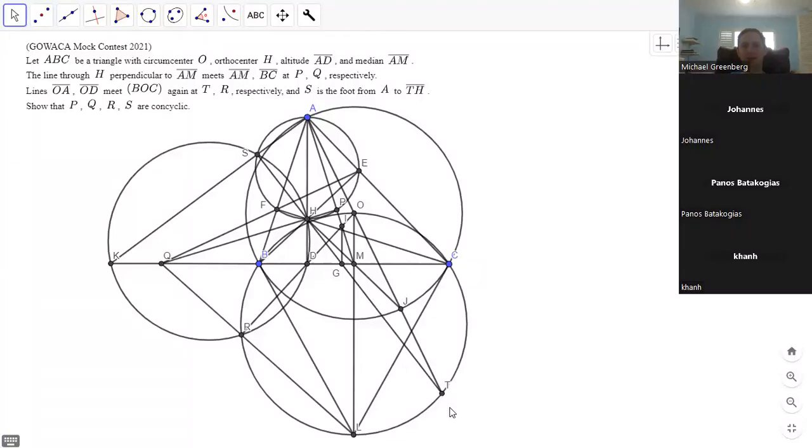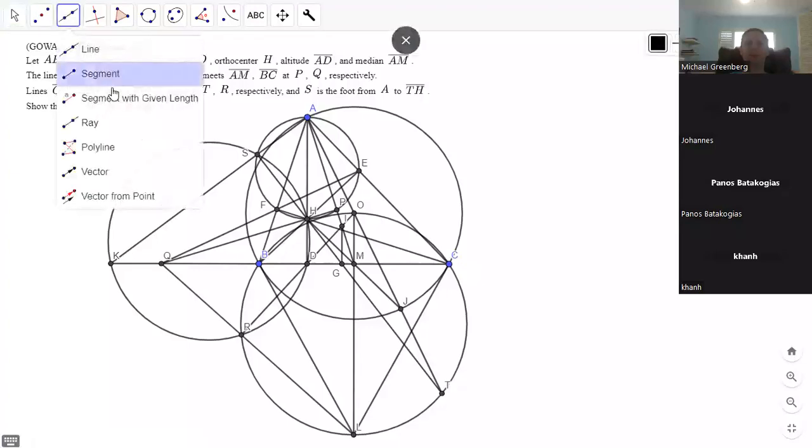So AH times AT is AB times AC. So triangles ABH and ATC are similar. Oh yeah, and that's easy to prove directly too.